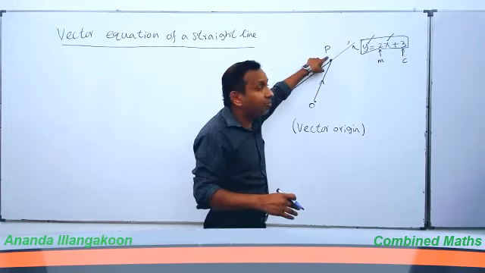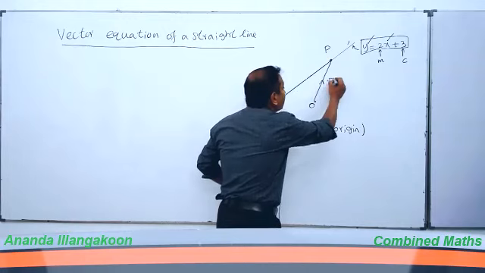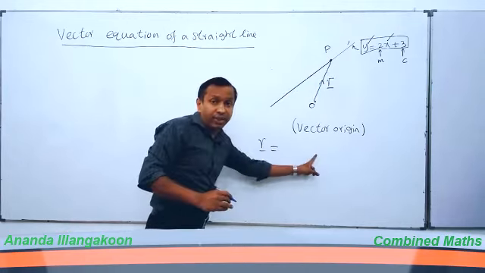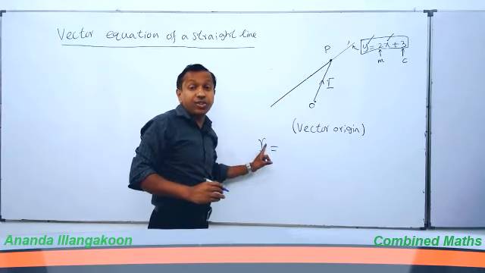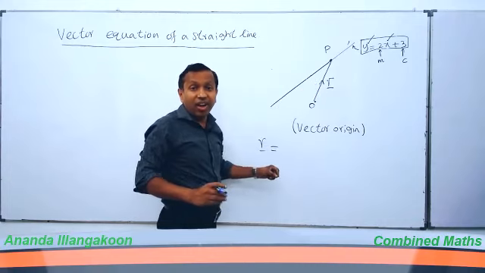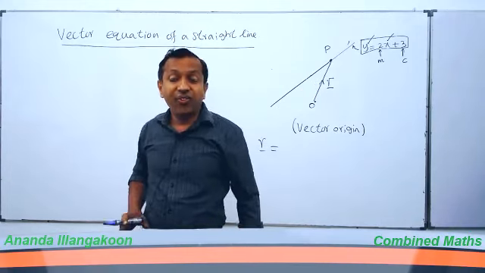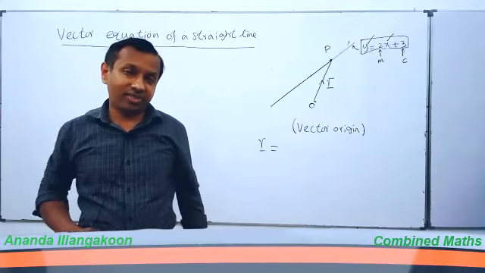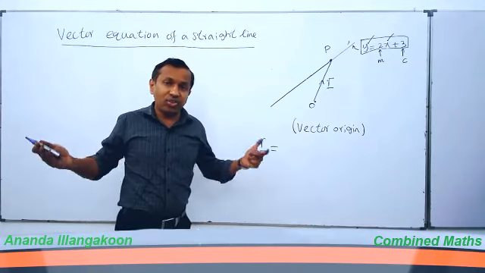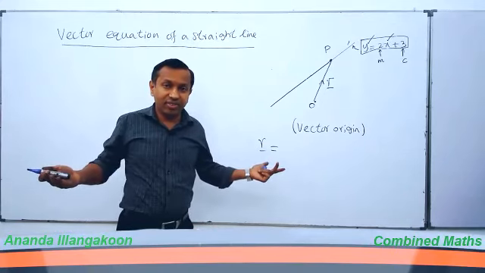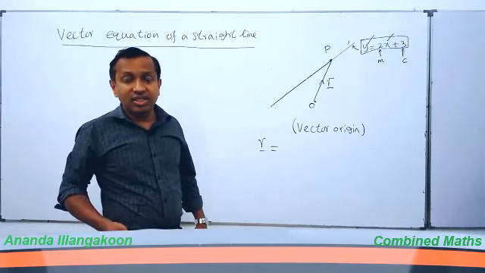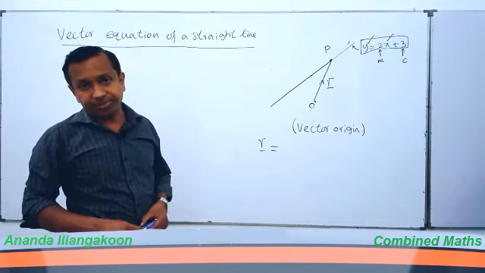Take any point P; if its position vector is R, I am going to obtain a common equation which will give the position vector of the point P. That is called the vector equation of the straight line. Very simple idea. Earlier xy, now instead of that we have a vector.